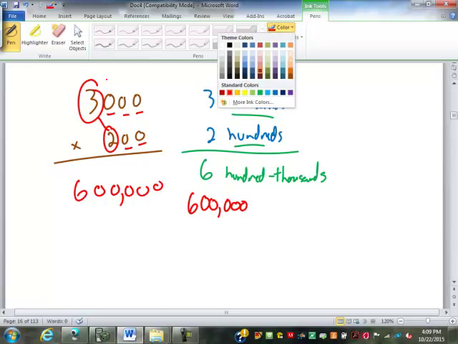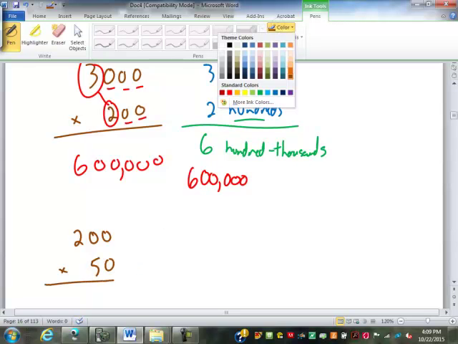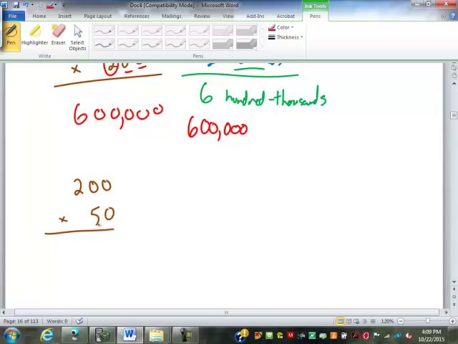Now I did warn you that we had to be careful about problems that look like this. 200 times 50. Because what is 2 times 5? 10. Then we got 1, 2, 3 zeros.